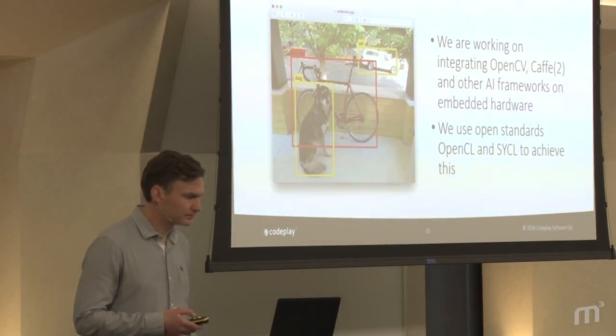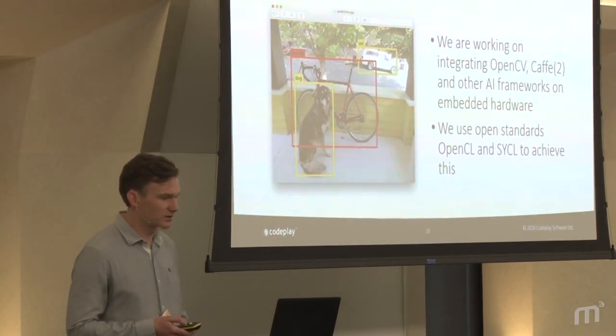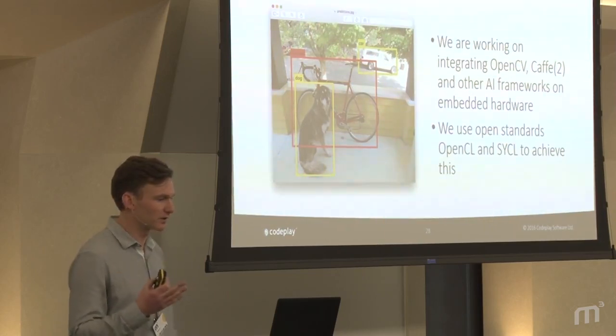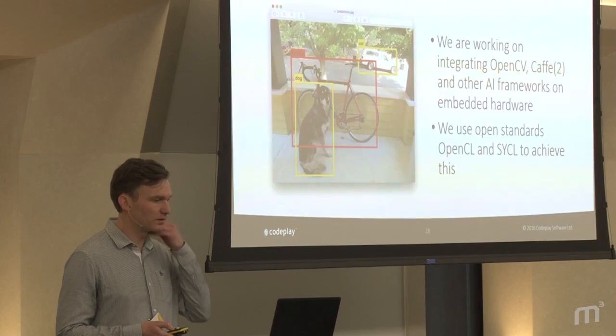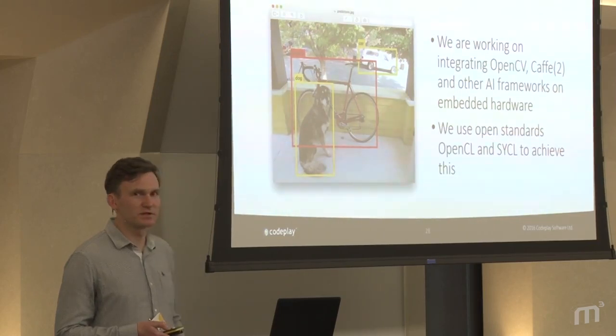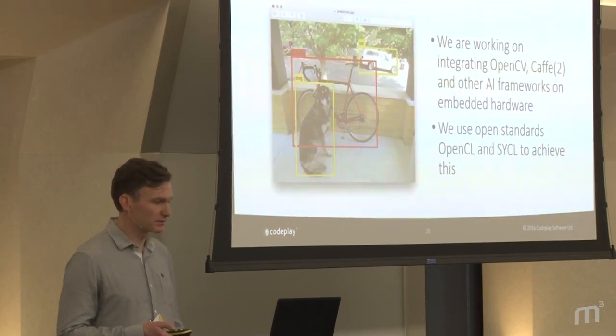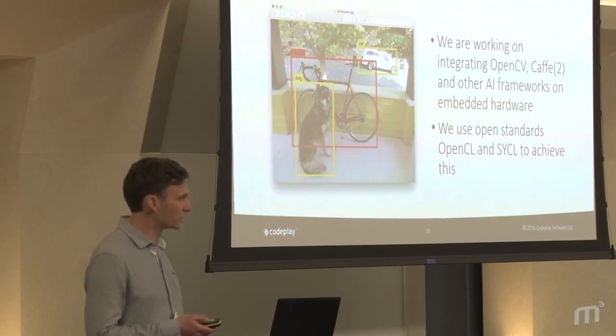Okay, so to go beyond just TensorFlow, I wanted to talk about TensorFlow because it's something that we've been working on, but that's obviously only one framework, and a lot of people have emphasized over the last couple of days that there are a lot of other frameworks you can use for machine learning. Some have been around for longer, and there are likely to be new ones that come in too. So something we're trying to do with our work with the SYCL open standard is integrate it with other frameworks.